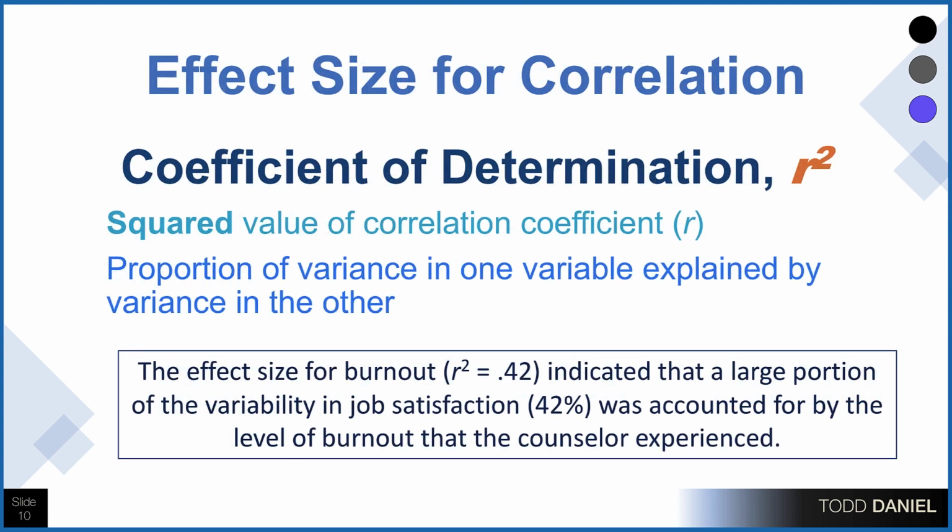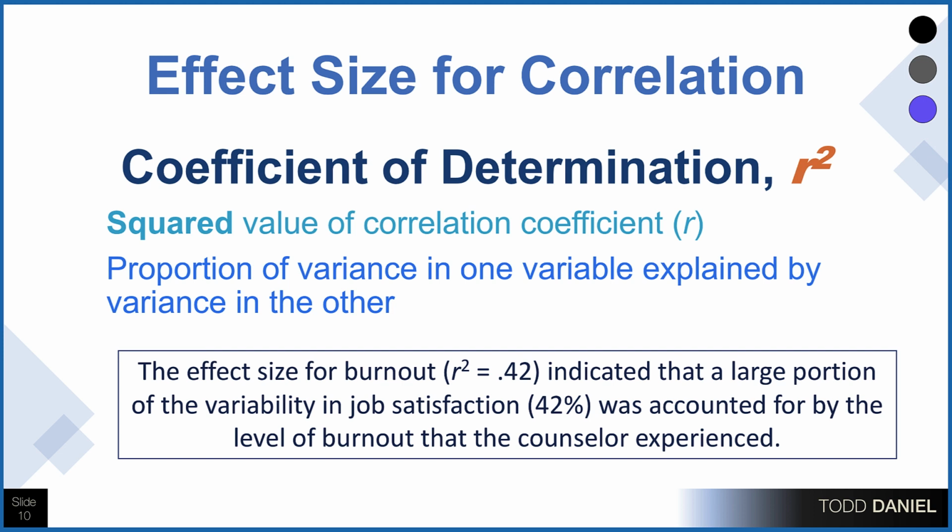We can square the correlation coefficient to get a coefficient of determination, which is the effect size for the correlation. We call it r squared. It's the squared value of the correlation coefficient r. This coefficient of determination tells us the proportion of variance in one variable, specifically the y variable, explained by variance in the other variable, the x value, or predictor.